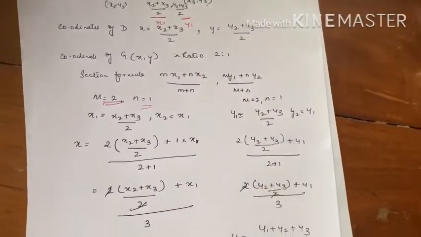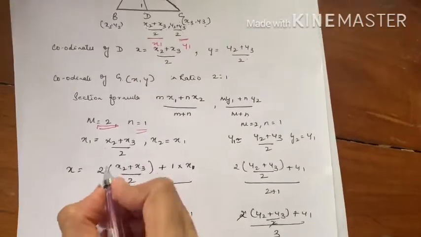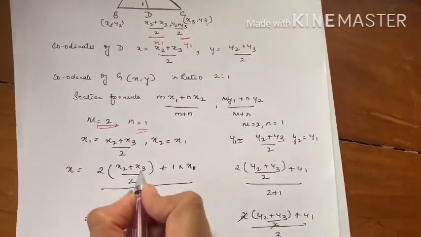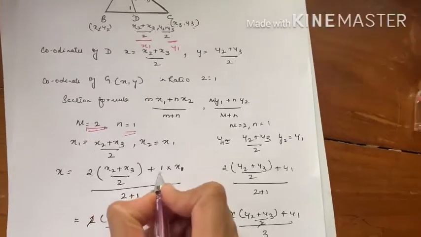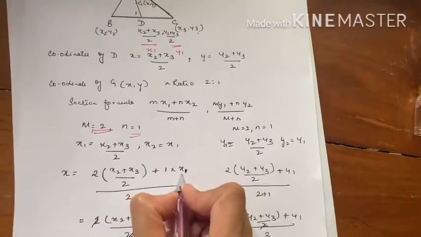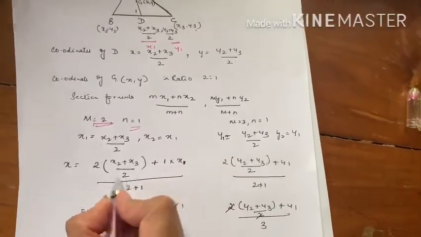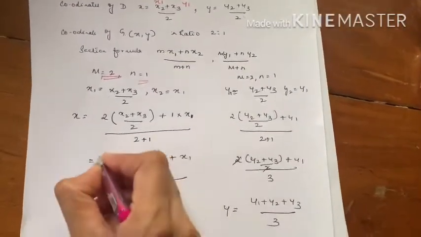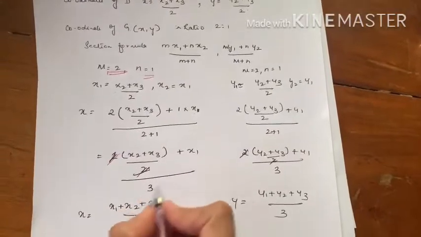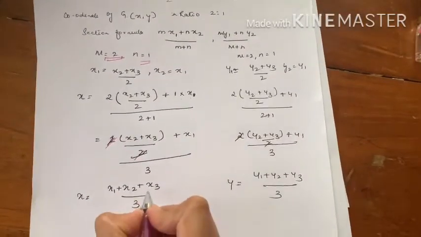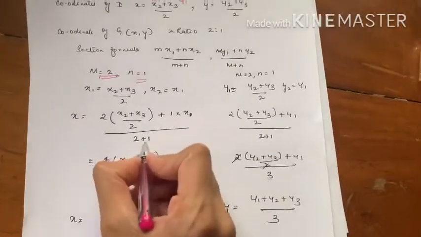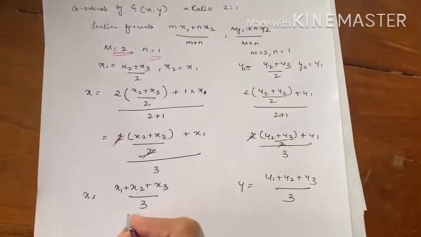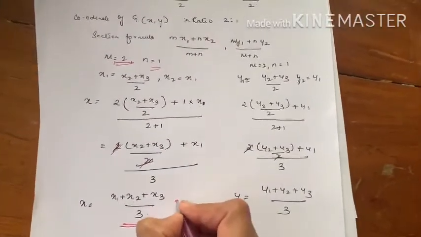Substituting in the formula, m is 2 into (x2 plus x3) divided by 2, plus n is 1 into x1. Since this 2 and this 2 get cancelled, we get x1 plus x2 plus x3 divided by 3, because 2 plus 1 is 3. So this is my x coordinate.